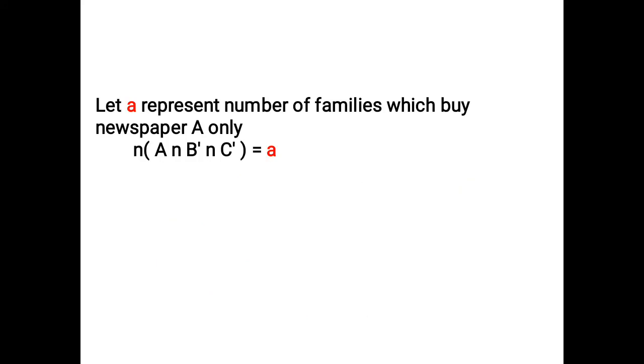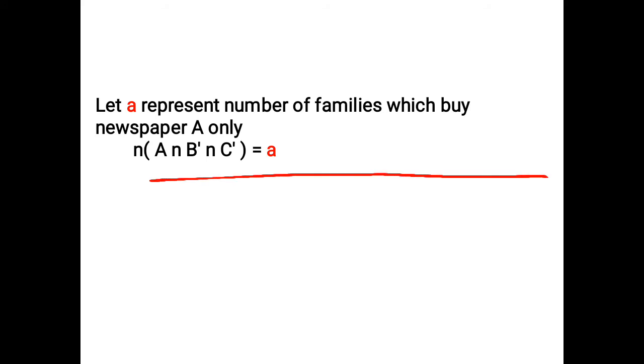Now, we were asked to find the number of families which buy newspaper A only. So I am saying let A represent the number of families which buy newspaper A only. Because we don't know this one, we are not using fractions, so we are using just an alphabet. All right, there is one last thing I think I didn't indicate here.